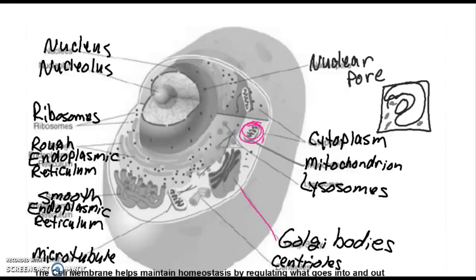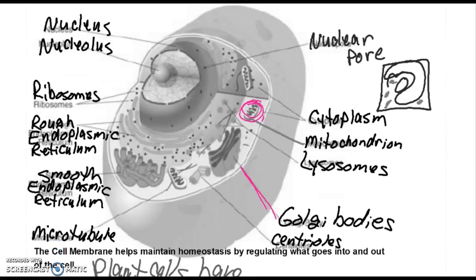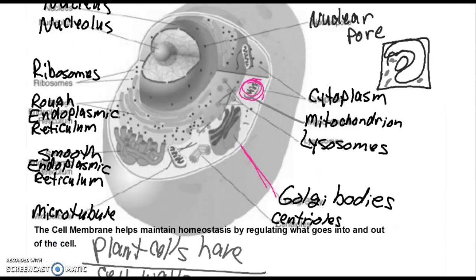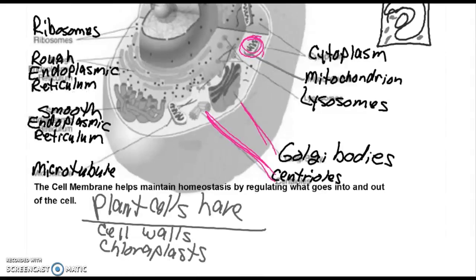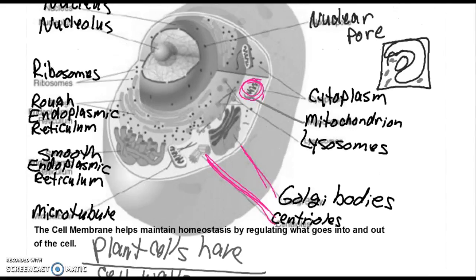Our Golgi bodies or Golgi apparatus, you might see that called either one of those names, is for packaging things up into vesicles, especially proteins that are going to be exported. Centrioles are really only used in mitosis and meiosis.